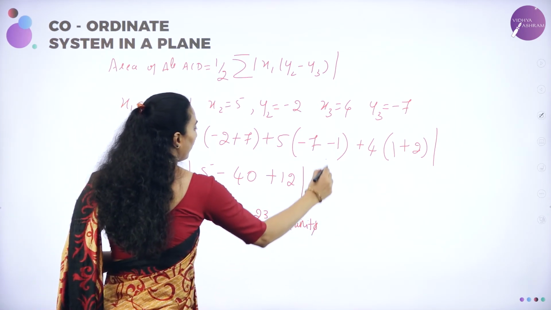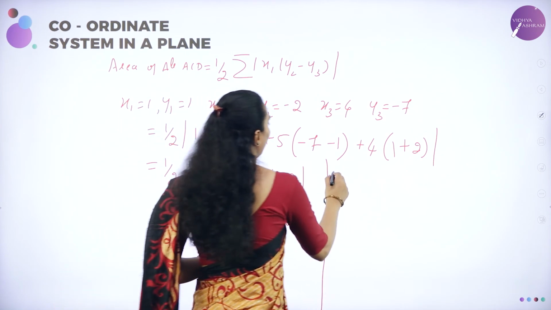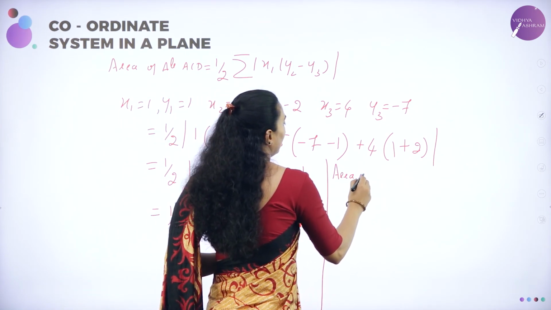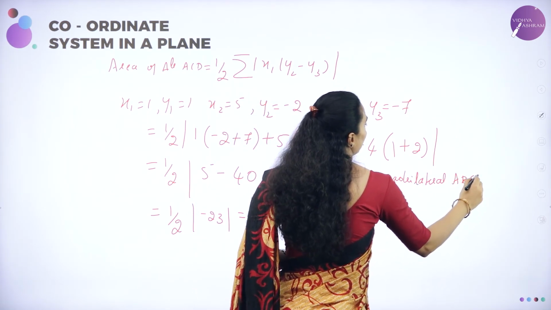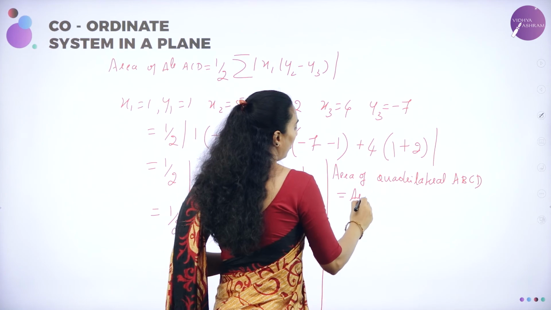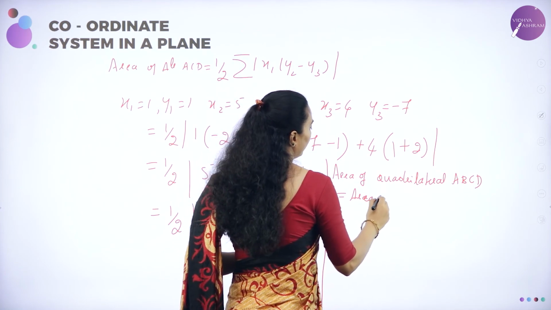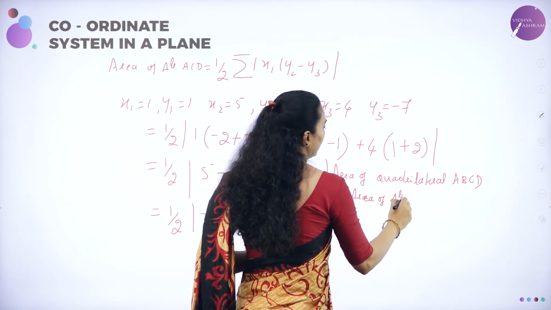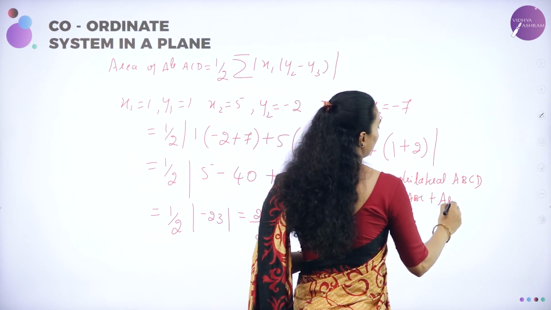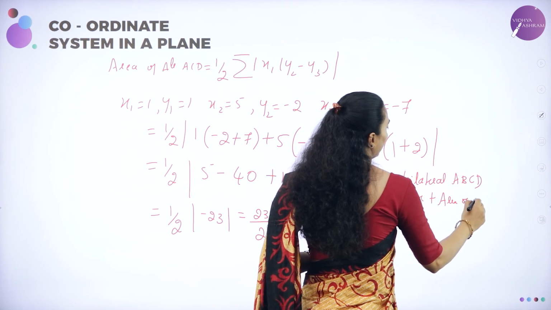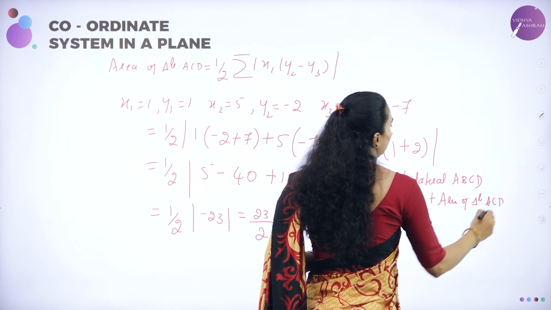Now what is the area of a quadrilateral? Area of a quadrilateral ABCD is equal to area of triangle ABC plus area of triangle ACD, correct?